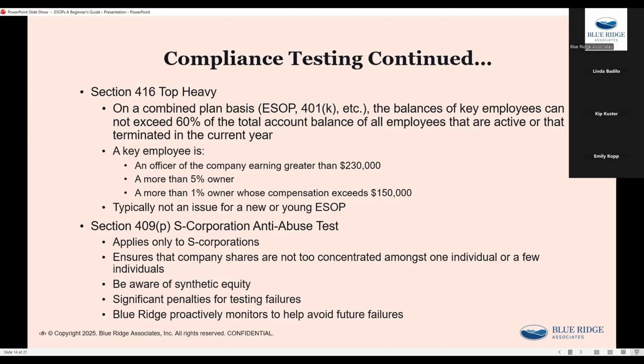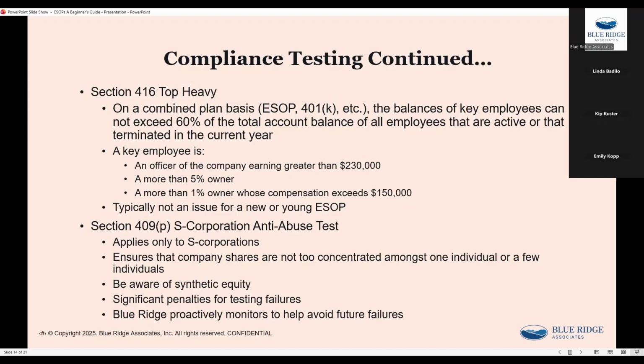A highly compensated employee would be somebody who earned in the prior year above a certain compensation threshold. So if they earned over $155,000 in 2024, they would be a highly compensated employee for 2025. If they were a 5% owner in the prior or current year, they're a highly compensated employee. But that's different. We use key employees for top-heavy testing.